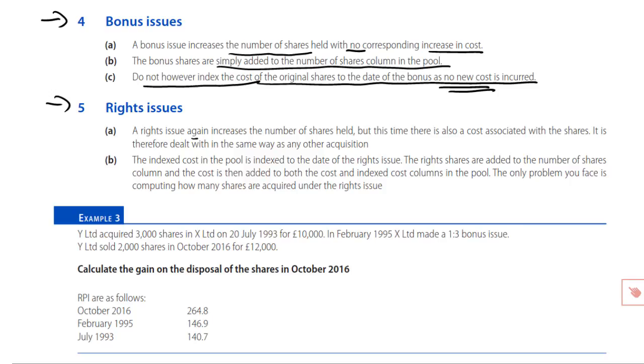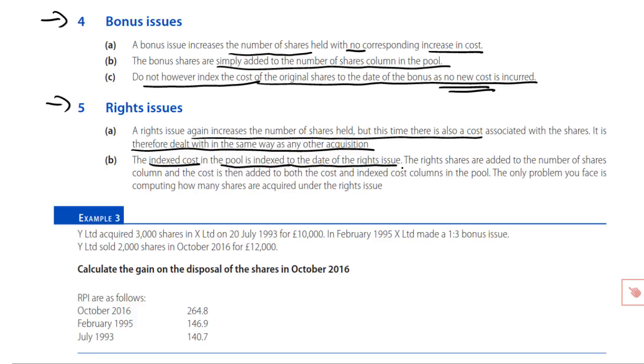If we do buy, then it's just dealt with like any other purchase. So a rights issue, again, will increase the number of shares held, but this time, because there is also a cost associated with the share acquisition, it is dealt with in the same way as any other acquisition. Index the cost in the pool through to the date of the rights issue. So we reindex like we would on any other purchase when we buy shares.